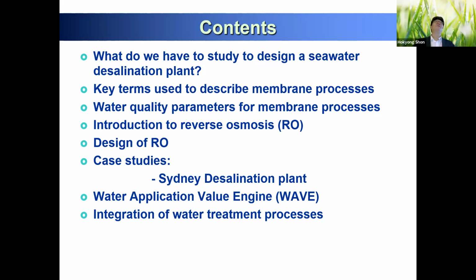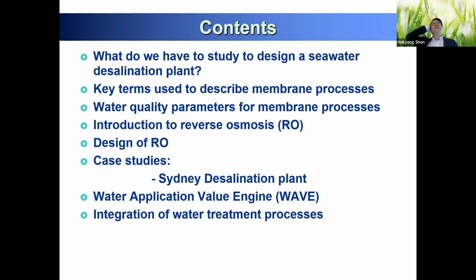What do you need to know about the osmotic pressure, salt concentration, and how this can be converted to the osmotic pressure, and reverse osmosis, how you can make this membrane and how we can produce this kind of quality of water. So we will make a very detailed study on reverse osmosis and design, how to design this reverse osmosis, and a case study for the Sydney desalination plant.